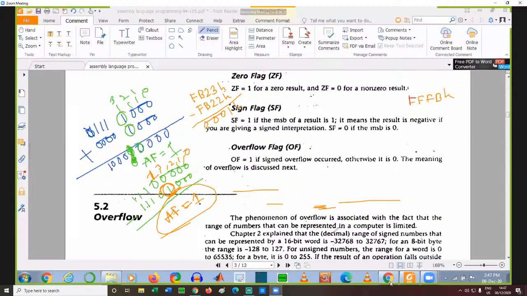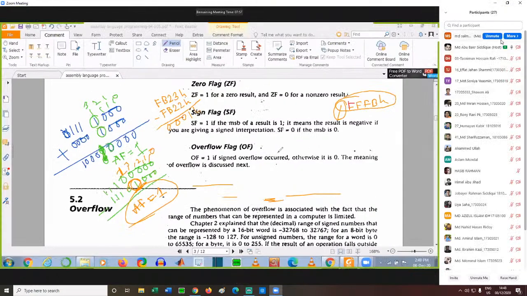Can you guess? 1, sir. Yes, the sign flag equals 1. You have to look at the MSB of the result. If the MSB of the result is 1, then the sign flag equals 1. Simple. And if the MSB is 0, then the sign flag will be 0.